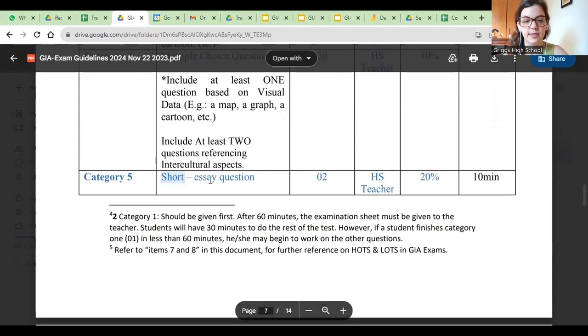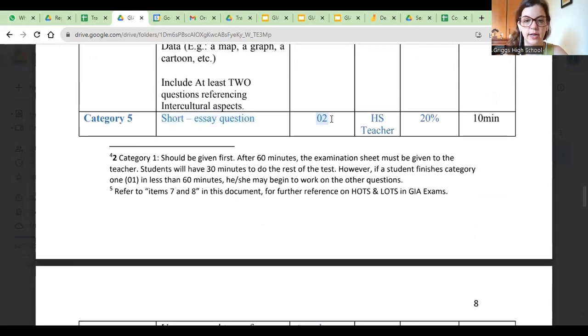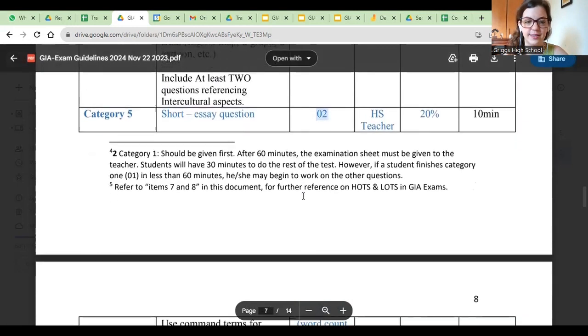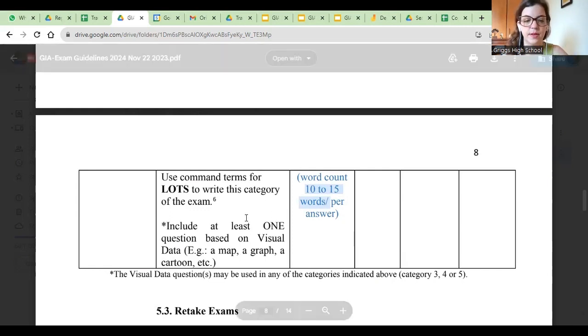Category 5 is the short essay question. So we have 2 short essay questions. And how short is a short essay question? It's not even an essay. It's just a short answer, 10 to 15 words, which is like 1 line. It's very, very short.